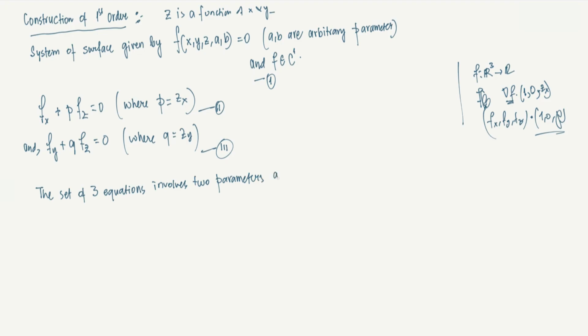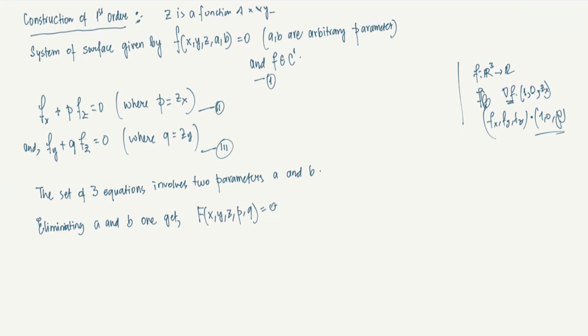There are three equations and two parameters, so generally you can eliminate those two parameters, and then you end up with some equation. Eliminating a and b, one gets a relation like this: F of x, y, z, p, q equals 0.